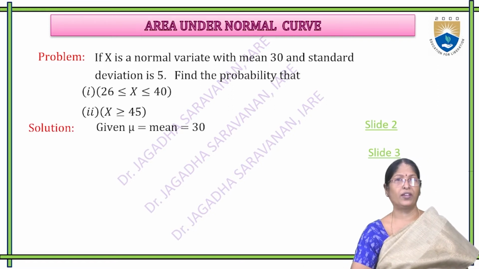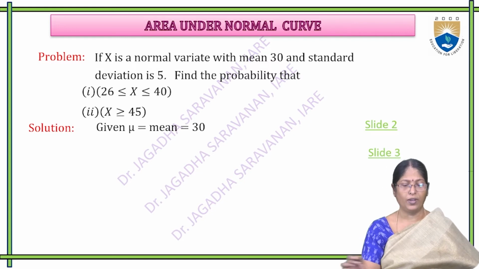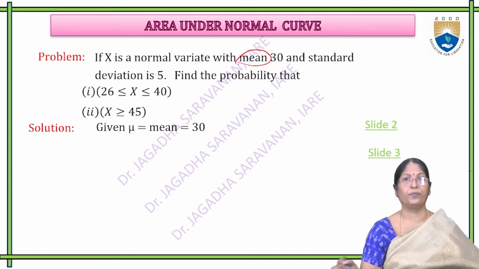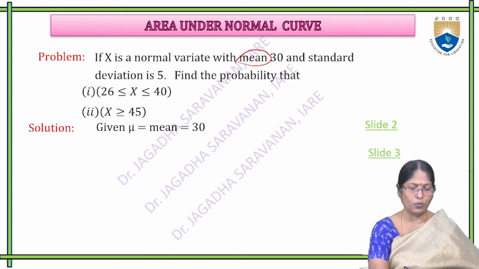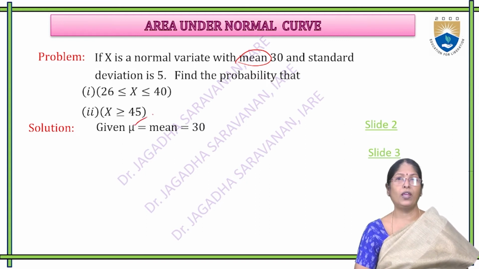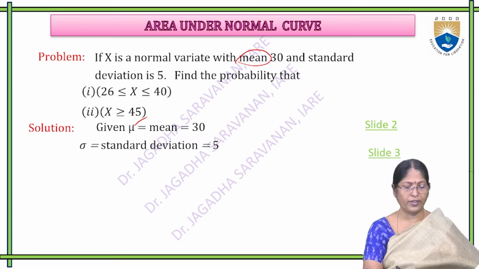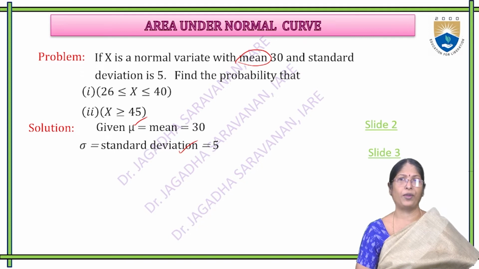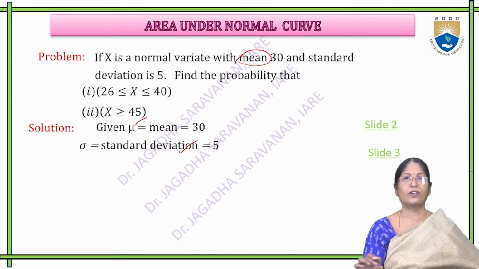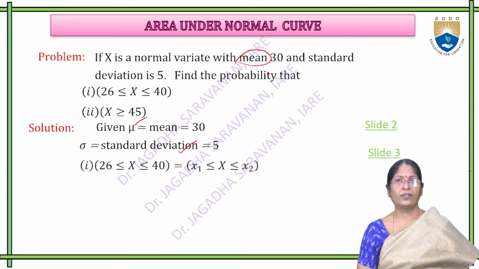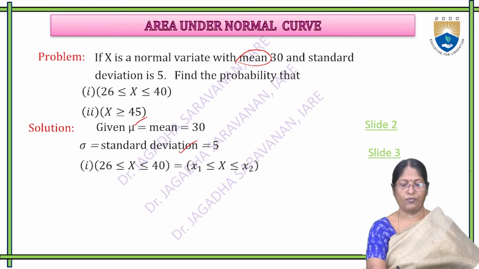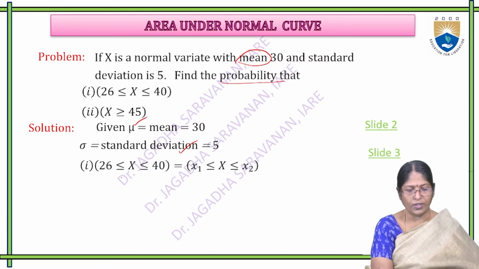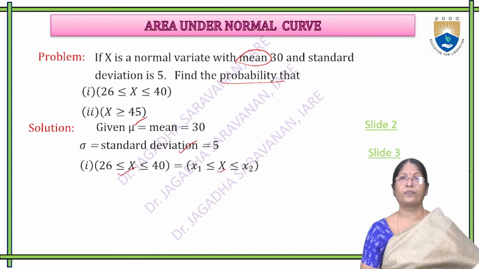First we are writing the given data: mu, the mean, equal to 30. Next, sigma, the standard deviation, equal to 5. The second one is to find the probability of this question, which we have written here.